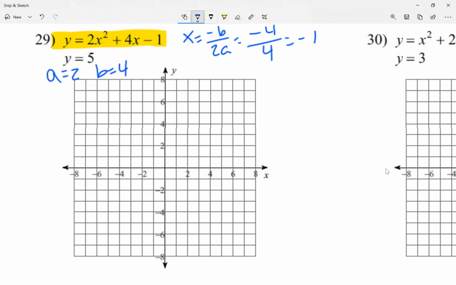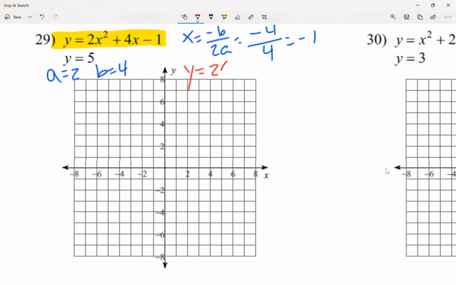Now for my y value, once again, I'm looking at my vertex. Using the equation, I'm going to use -1 for x. So I have 2 times -1 squared plus 4 times -1 minus 1. Again, use a calculator if you need to. Let's see, 2 times -1 squared, so that's 2 times 1.